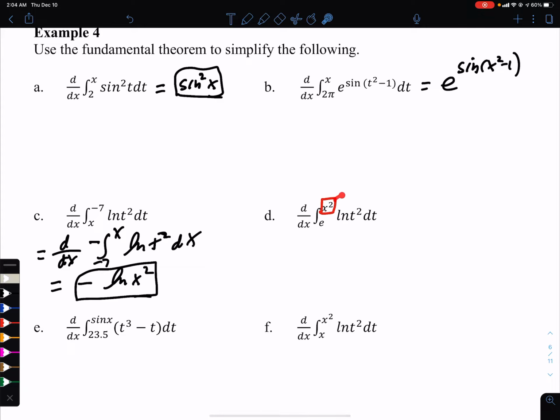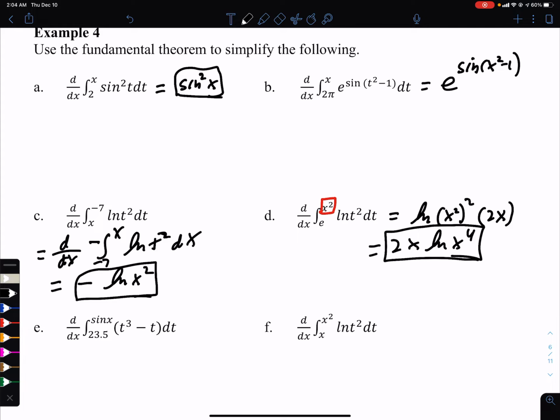Well, I'm still going to plug in box for t. So this will be ln of x squared squared. I just replaced t with that. But then you always have to multiply by the derivative of box. So my answer is 2x ln of x to the fourth. There is letter D. Be careful about the chain rule.